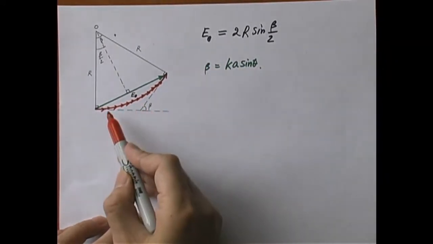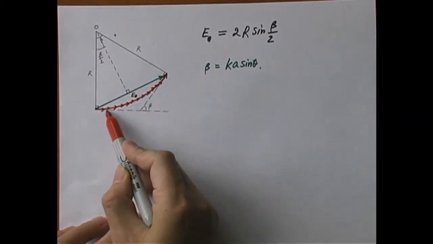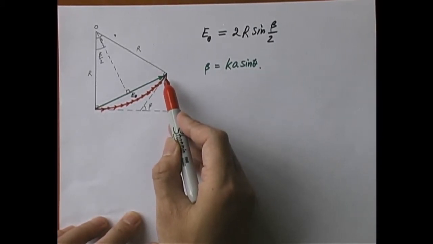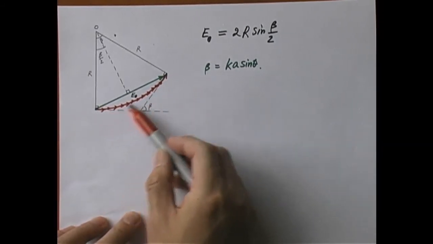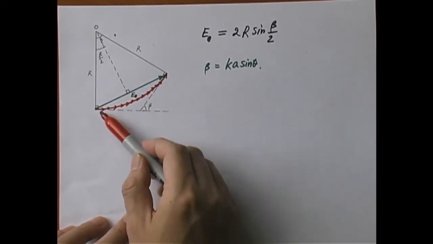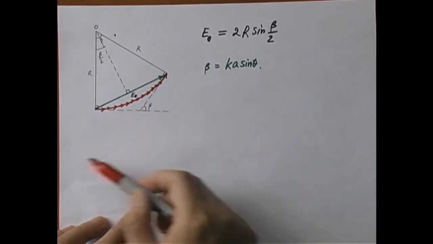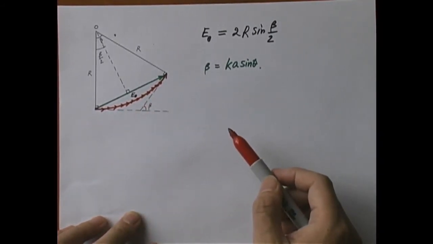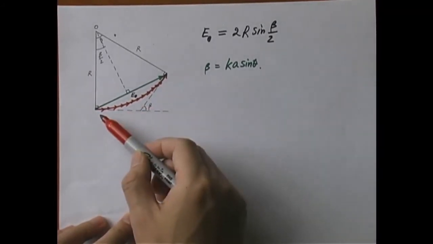Now, the reason why it turns is because these dEs have different phases, right? If they didn't have any phase difference, then all you do really is just add their magnitudes up. Then you basically take that arc and you stretch it straight, right? You stretch it straight.